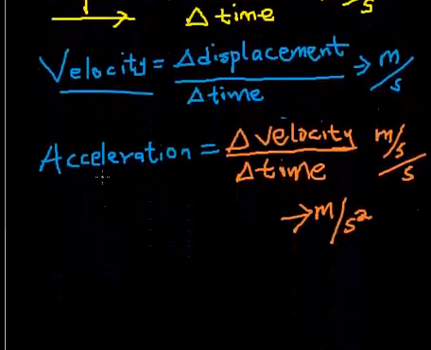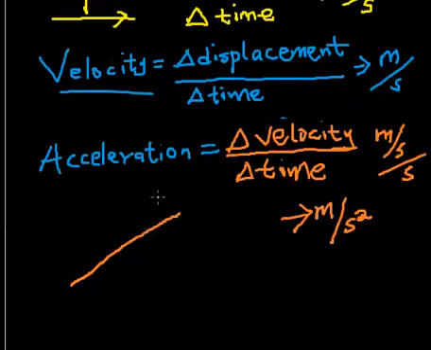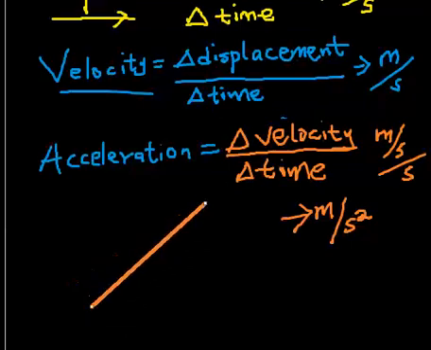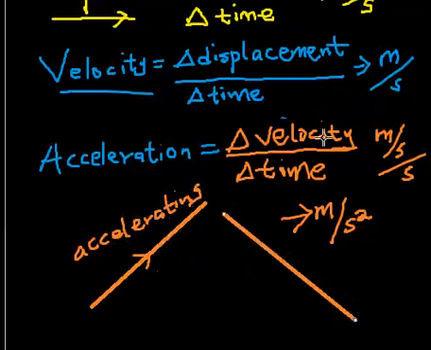An object is said to be accelerating when its velocity is changing. When the velocity of an object is increasing in the positive direction, we say that object is accelerated. As you measure the velocity with time, it is increasing. But an object is said to be decelerated when its velocity is reducing with time.